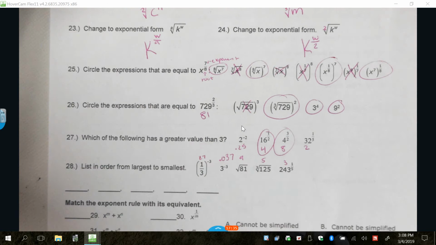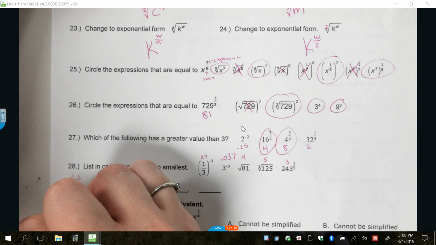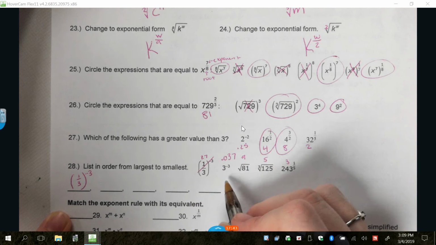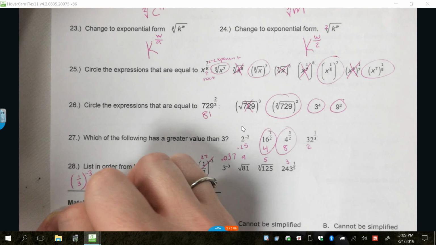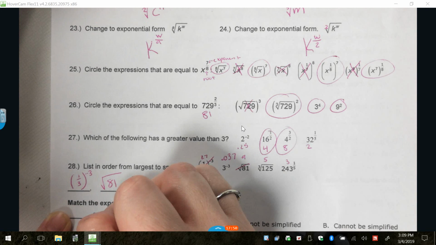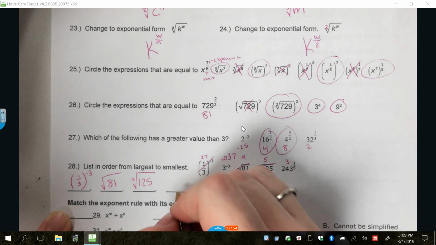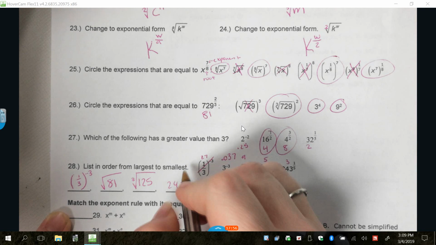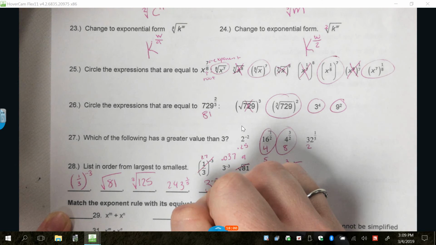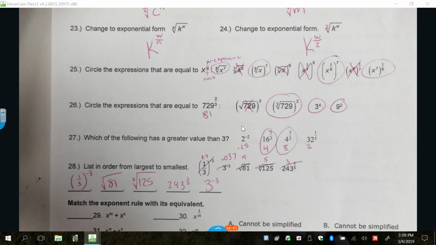Okay, so looking for largest would be 27. Okay, next would be 9. Next would be 5. 3. And then last but not least would be 3 to the -3 because that was 0.037. Okay.